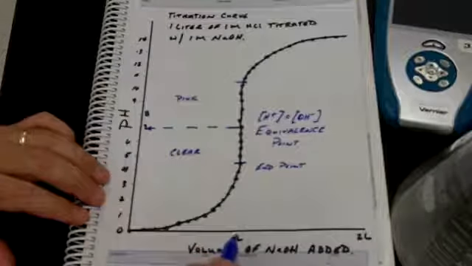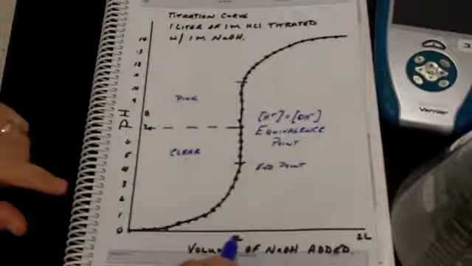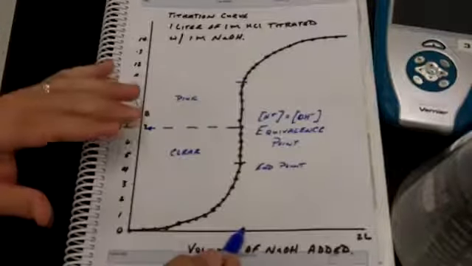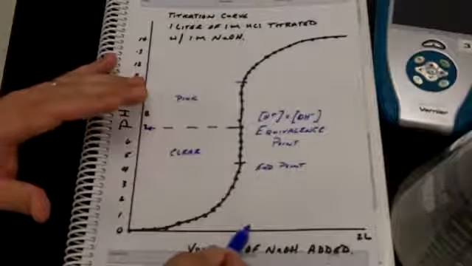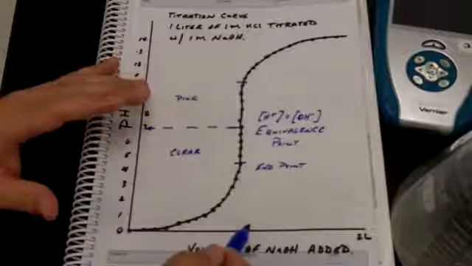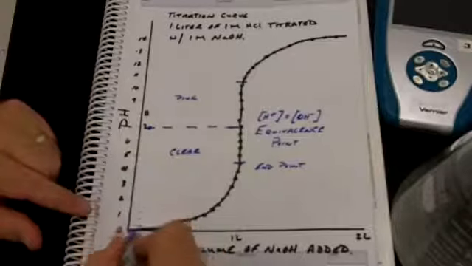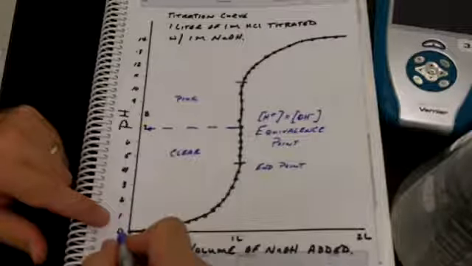I want you to notice also that this point right here, what we call the equivalence point, is 1 liter. So remember, if I started out with 1 liter of a 1 molar hydrochloric acid solution, and I titrated it with 1 molar sodium hydroxide, how much sodium hydroxide will I need in order to completely titrate it? Well, 1 molar hydrochloric acid is 1 mole per liter, and I have 1 liter, so that's 1 mole worth of hydrogen ions.